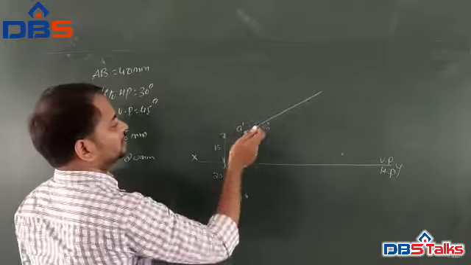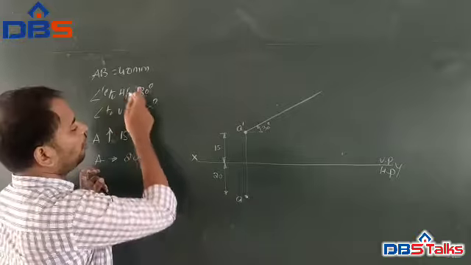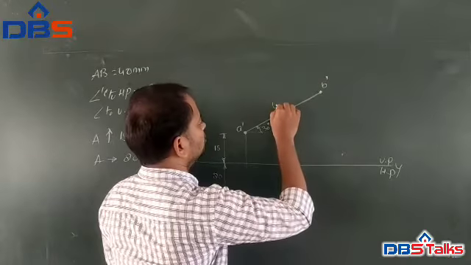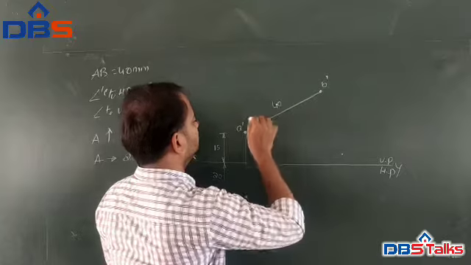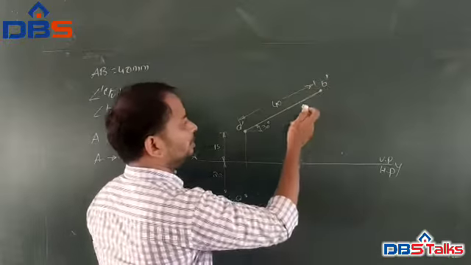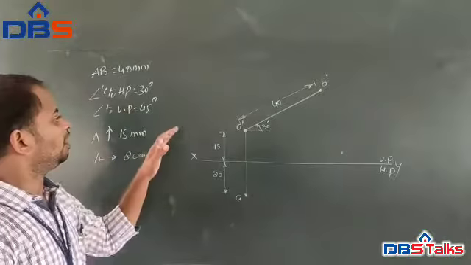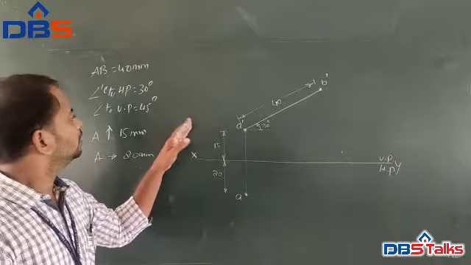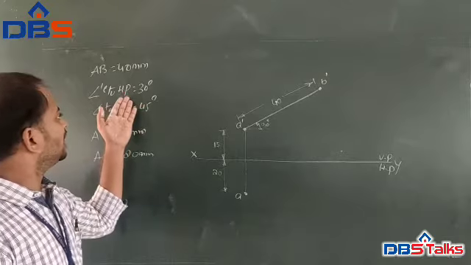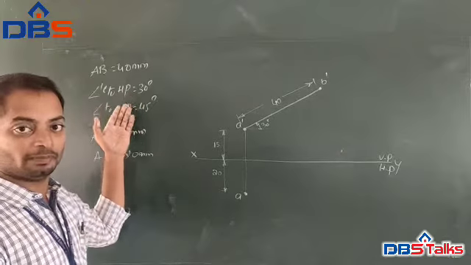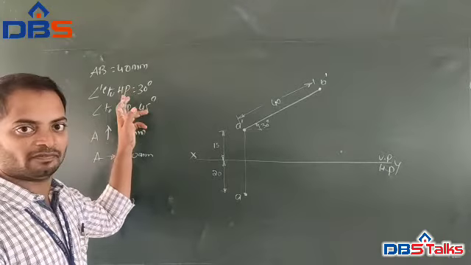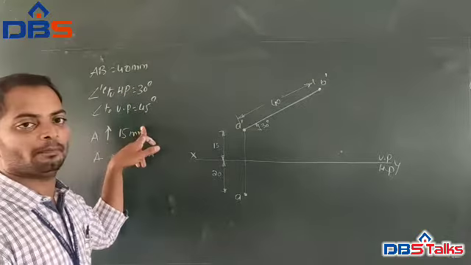What is the length of AB? 40. So the length of AB is 40 mm. We already discussed the assumption that whenever the line is inclined to both planes, we have to assume that for one plane it is inclined and for the other plane it is parallel.